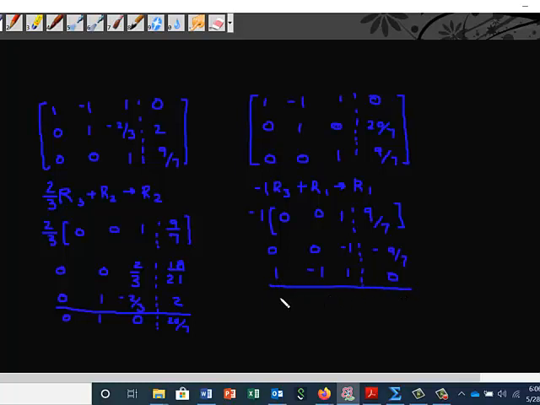This is going to end up being 1, -1, 0, and this is going to be -9 over 7. So that's our new row 1. Row 2 and row 3 will stay the same.